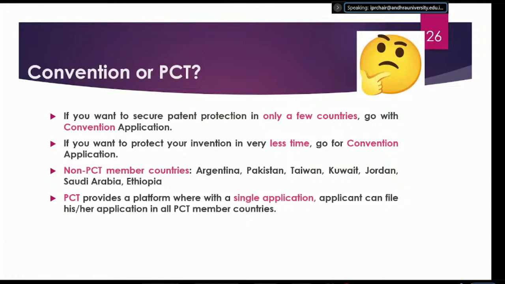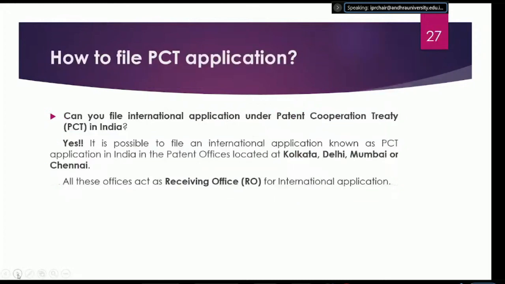Okay, here some countries in Africa. Not many countries are there that are not PCT member countries. So in that case also you have to file convention application. PCT provides a platform where with a single application, the applicant can file his or her application in multiple PCT member countries. So I hope it is clear.